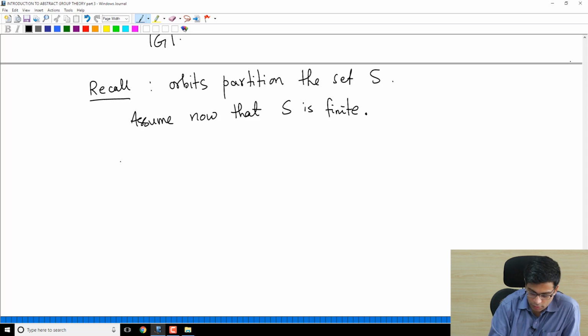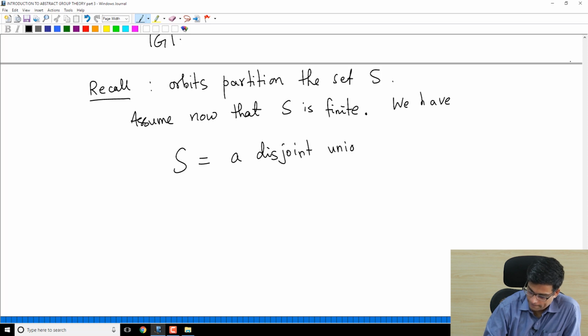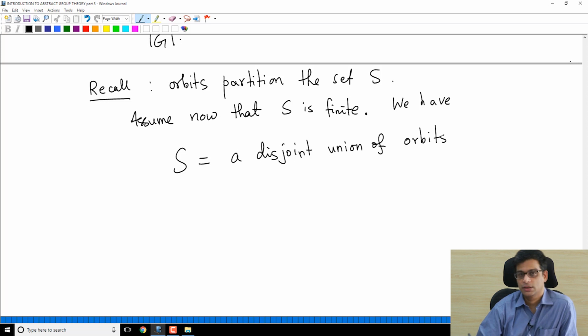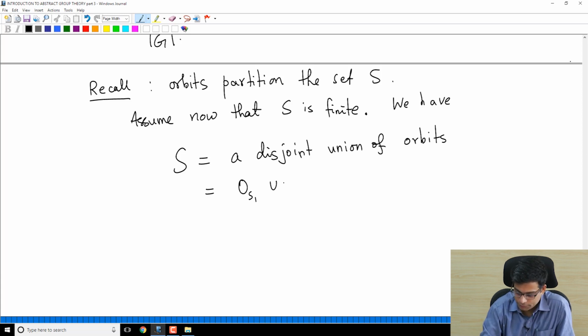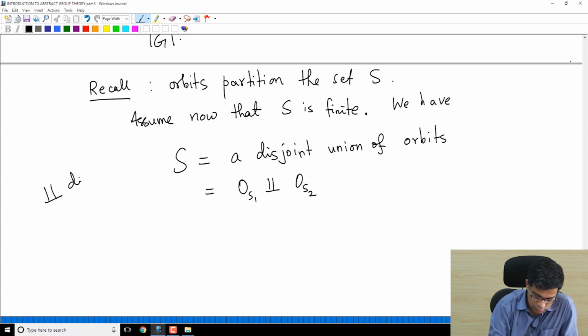Then S must be a disjoint union of orbits, right? Because orbits are equivalence classes under the equivalence relation that I defined at the beginning of this video. So they are of the form orbit of s1 union orbit of s2 and so on, and this symbol denotes a disjoint union.